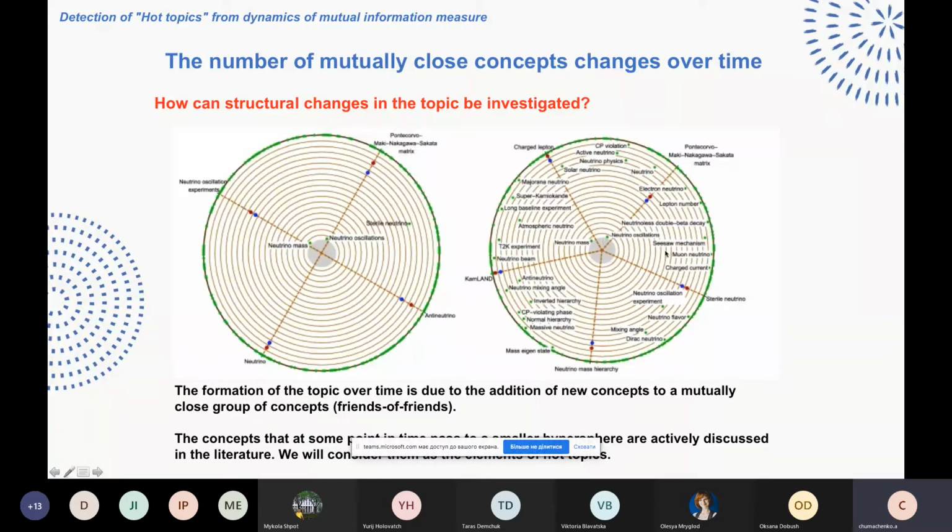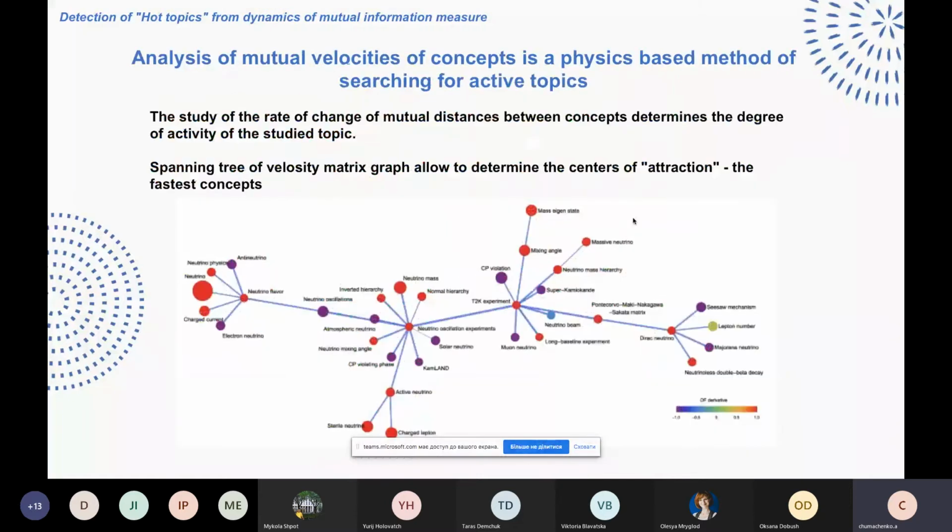And here, for example, these are good seed concepts to calculate some group of concepts to find the hot topics. It's one of the approaches. And one more that we propose here is actually based on some physics things.